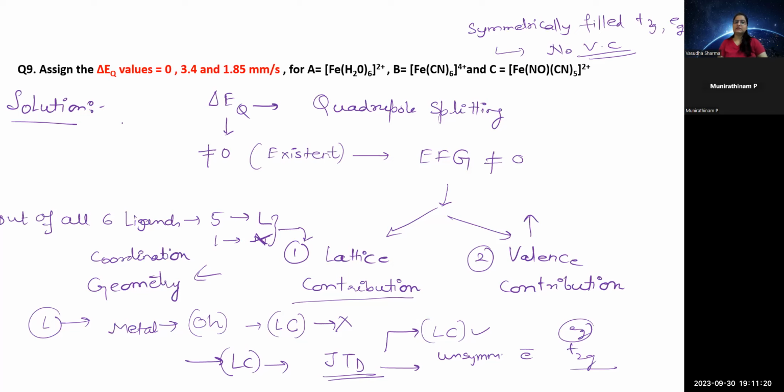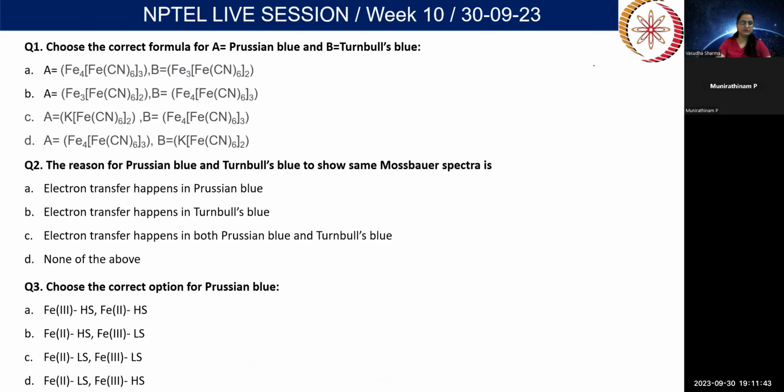So the question says, assign the delta EQ values 0, 3.4 and 1.85 millimeter per second for the first complex, iron aqua complex. B is Fe(CN)6 4-, C is Fe(NO)(CN)5 2-.